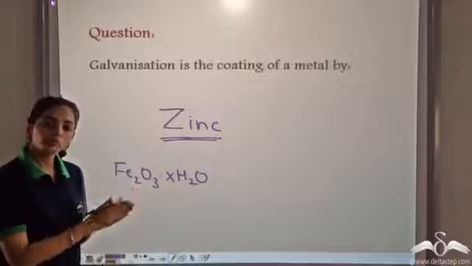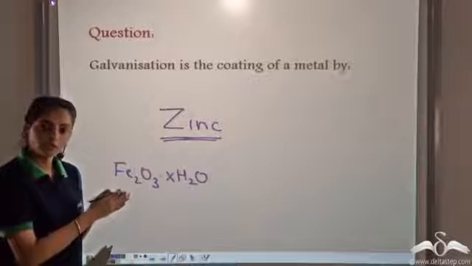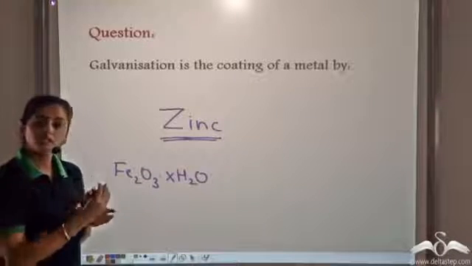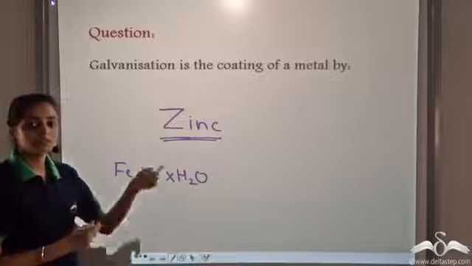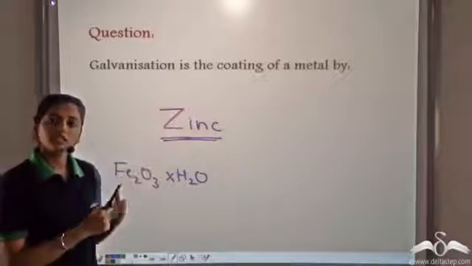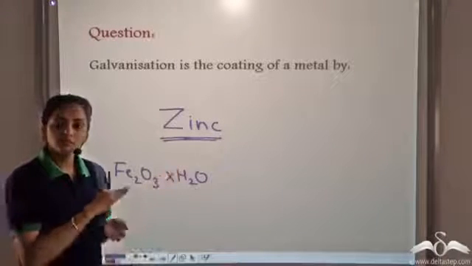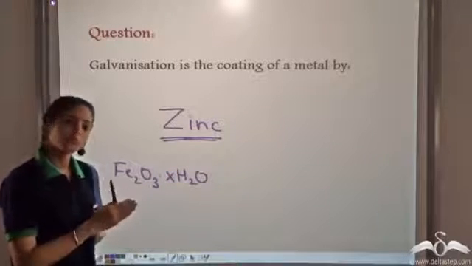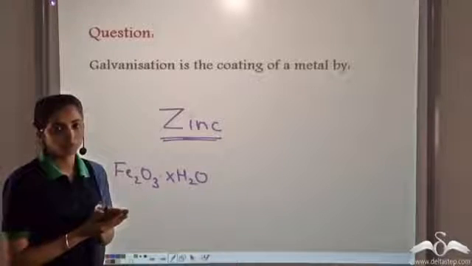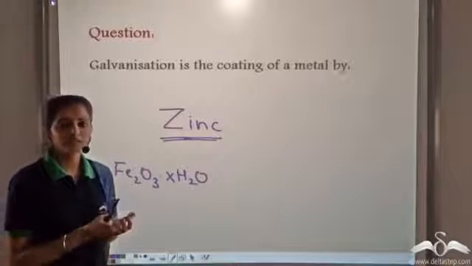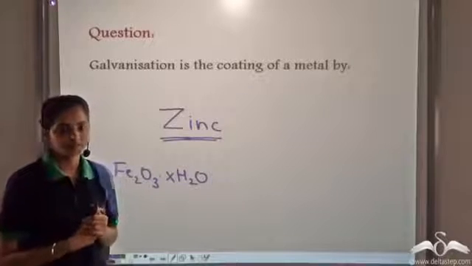So in order to prevent rusting or corrosion, we use different methods. One of the methods is galvanization. In this, we coat the iron articles with zinc. Zinc prevents the surface of iron articles from coming in contact with oxygen and moisture, and so we can prevent rusting or corrosion.